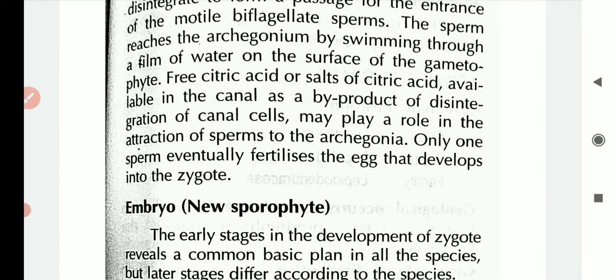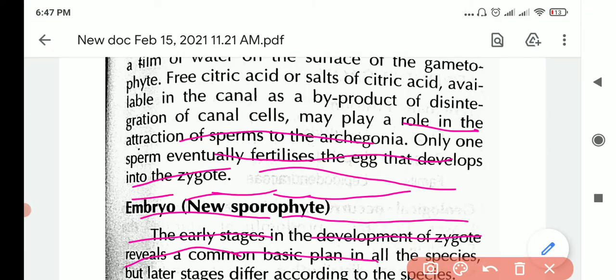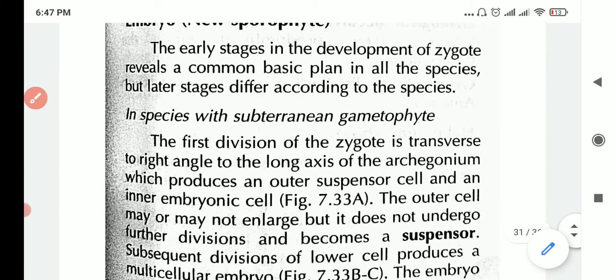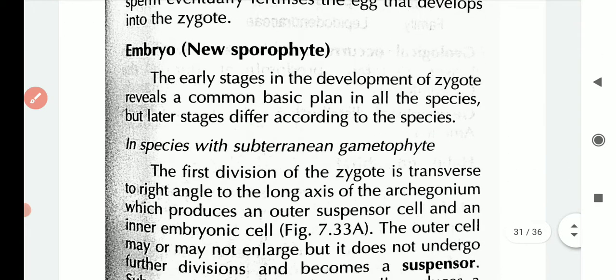So eventually the sperm will fertilize the egg, and on that fertilization we will form the zygote. Now let's look at the embryo. So with this embryo, again the cycle will repeat.